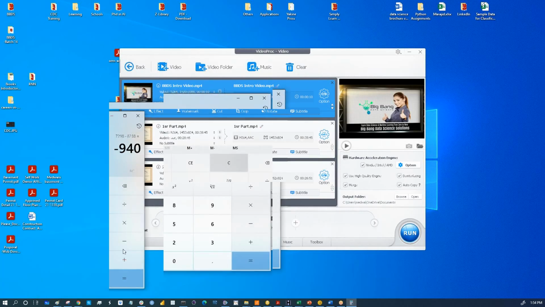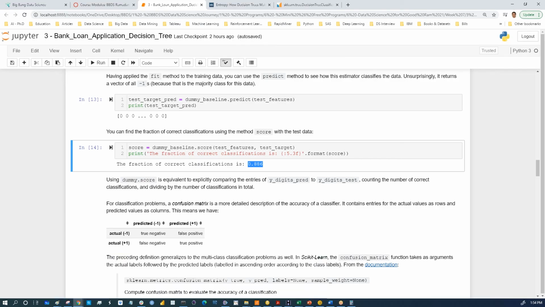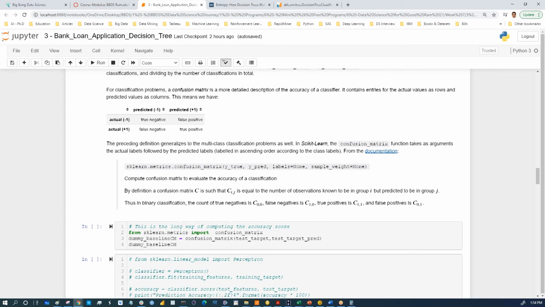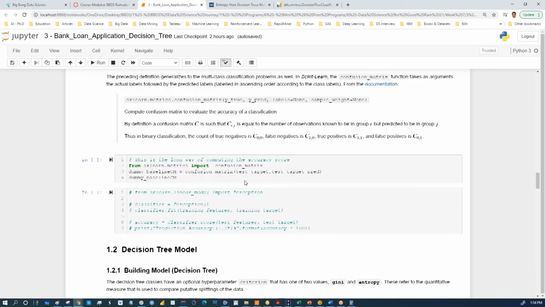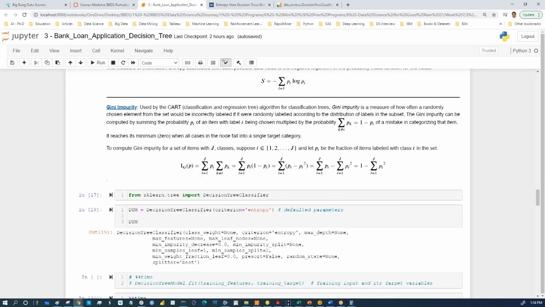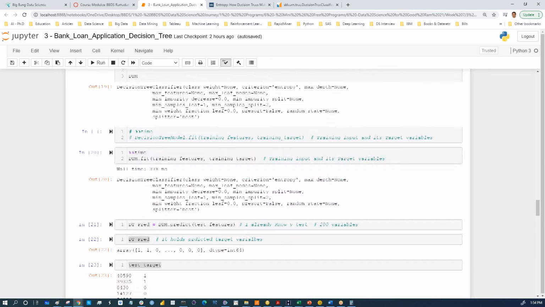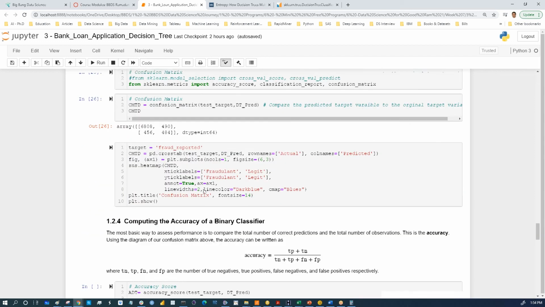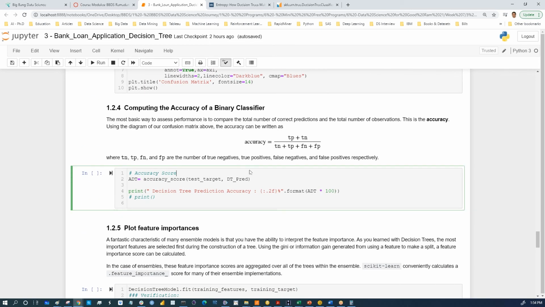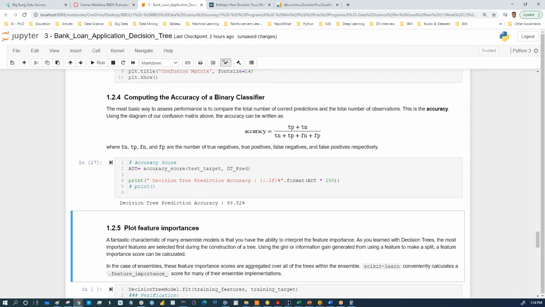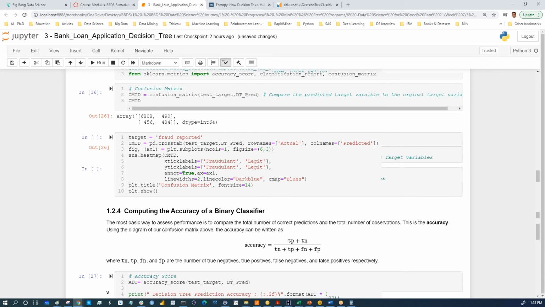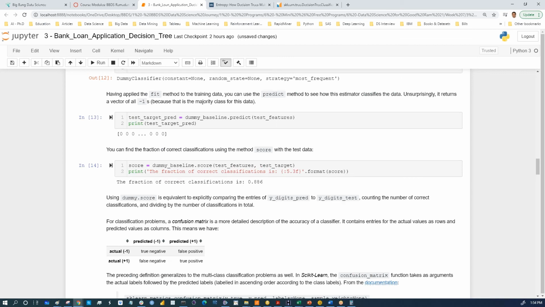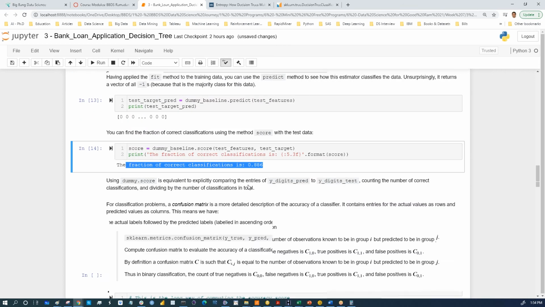Okay, and that is comparing the confusion matrix. Now let's calculate the accuracy. It's 88.52, and compared to 88.6, actually it's doing worse.